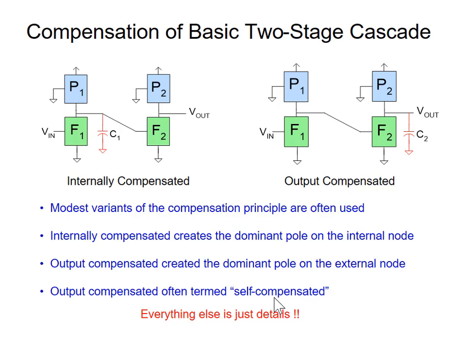Make sense? So one thing that's good about it is that I'm going to be able to use it now. One thing that's bad about it is I've lost a lot of gain bandwidth product. But we may not have a good alternative. Modest variations of this principle are typically used. So this is the key principle.